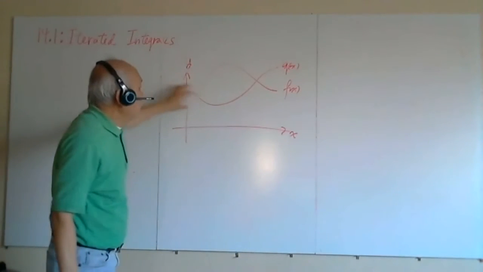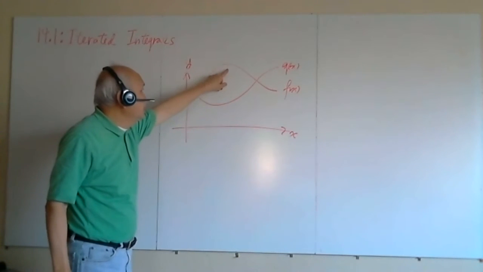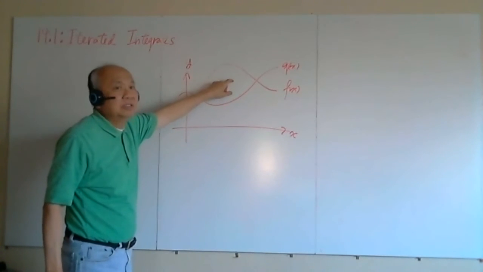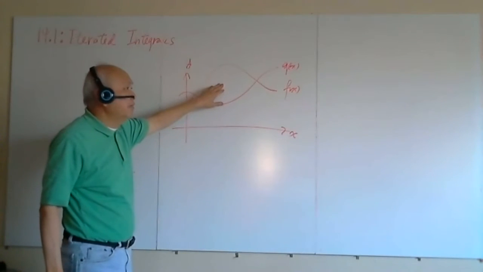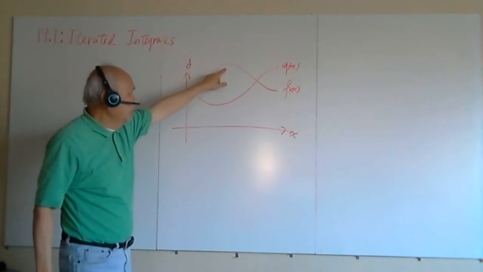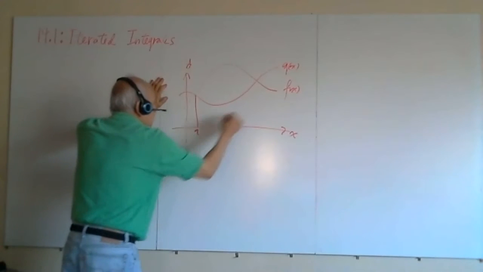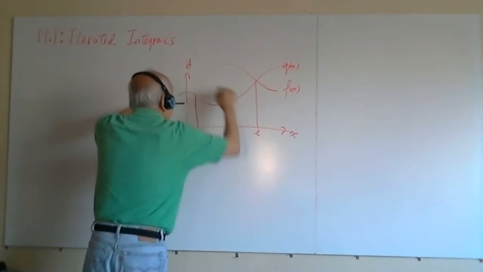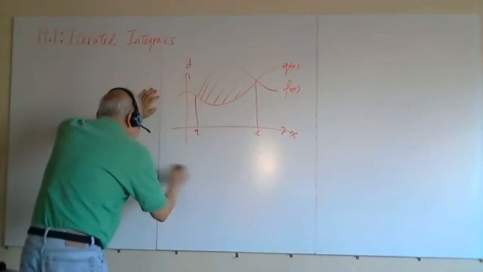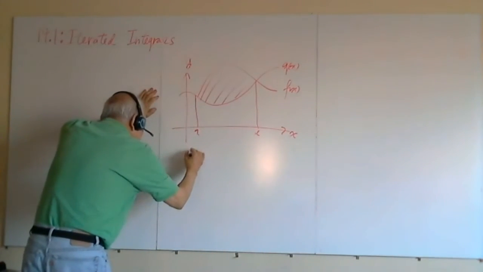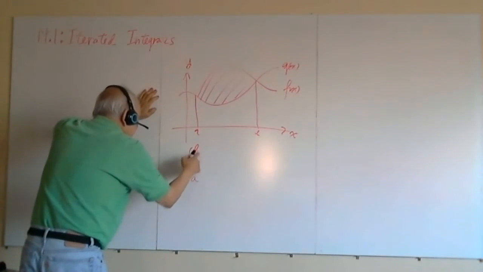Now, how do you find the area between the first curve and the second curve, between G and F? The integration of one minus the integration of the other. Which one is the top one? Which one comes first? The F, right? Let's say this one is A and this one is B. Setting up the integration, starting from A, this is the lower limit and this one is the upper limit.